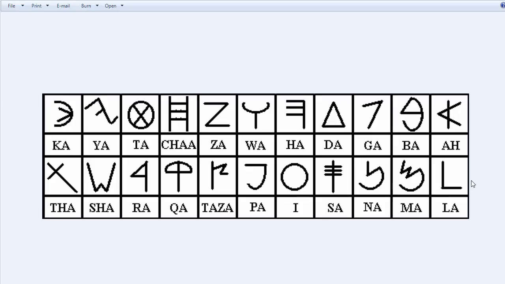Now the A, the numerical value for I is 1, the Ba is 2, Ga is 3, Da is 4, Ha is 5, Wa is 6, Za is 7, Cha 8, Ta 9, Ya 10, and then you have the Ka, La, Ma, Na, Sa, Ai, Pata, Za, Kwa, Ra, Sha, Ta, which goes 10, 20, 30, 40, 50, 60, 70, 80, 90, 100, 200, 300, and 400. Okay, those are the numerical values.